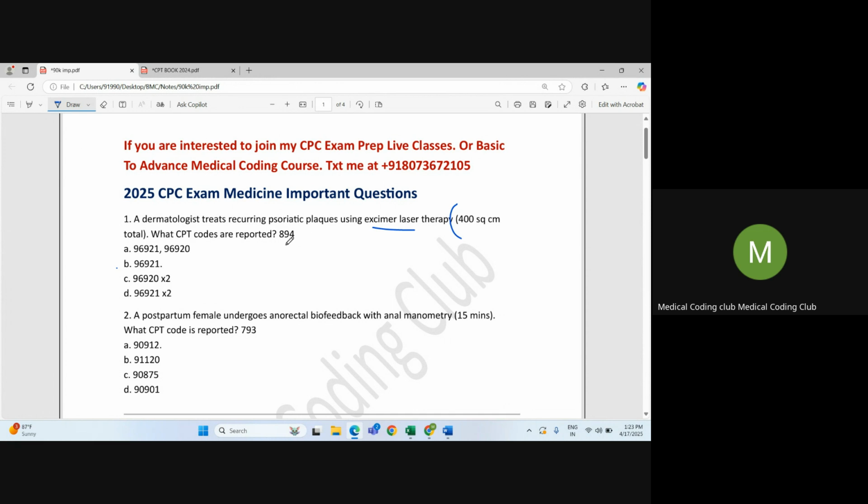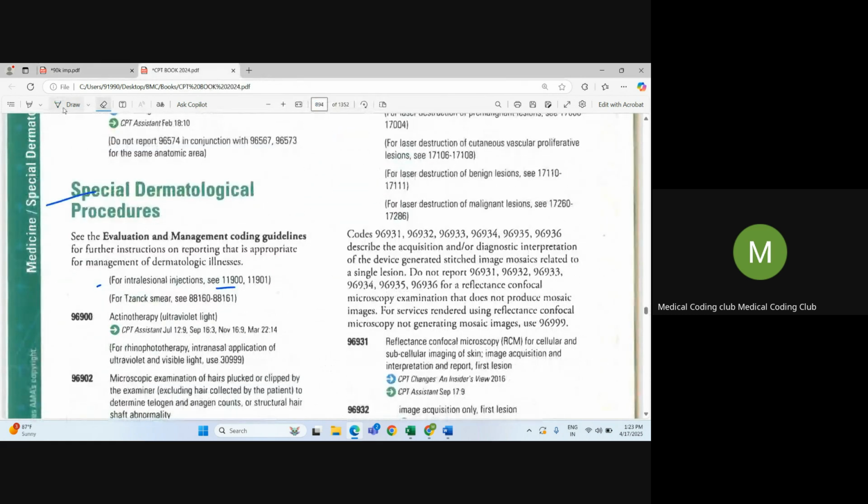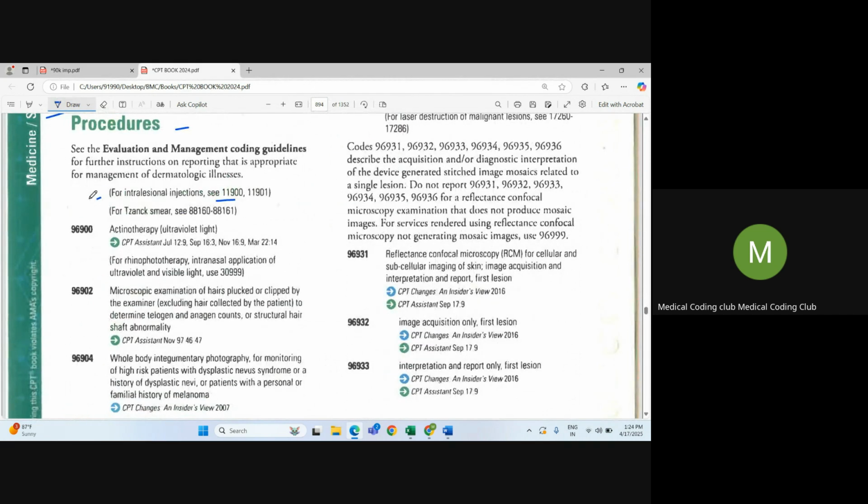So I'll show that, so you can see the options. You can pause the screen, take your time and navigate all the options, and you will also be able to get the correct answer. So here, you can see special dermatological procedures are there, and they say see evaluation and management coding guidelines for further instruction on reporting the appropriate management of dermatologic illness.